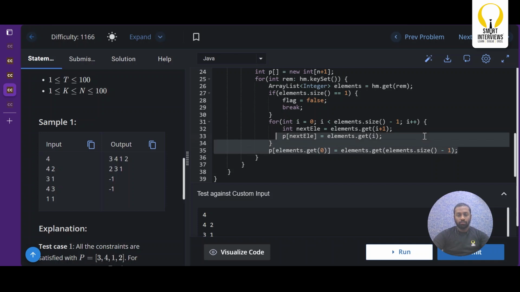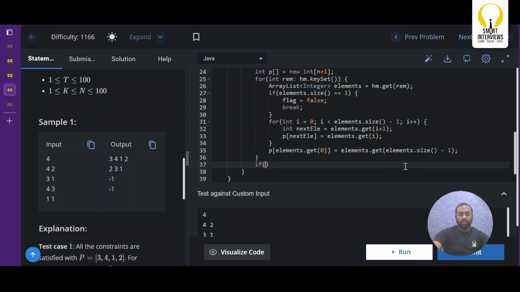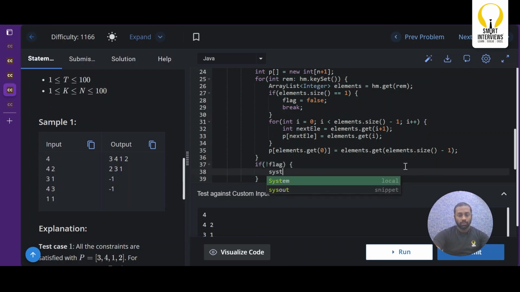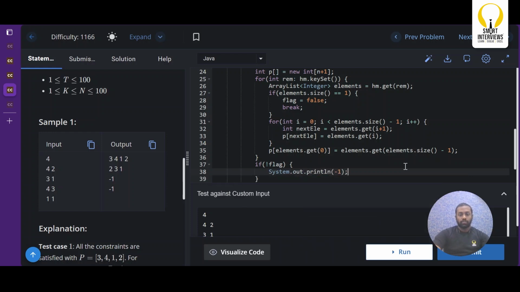And with this my permutation is filled. For every remainder this has to be done, and once I do it, my permutation will be filled. And where is my answer finally? My answer is, firstly I need to check the flag. If the flag is false, that is if not of flag executes, then I need to print minus 1.